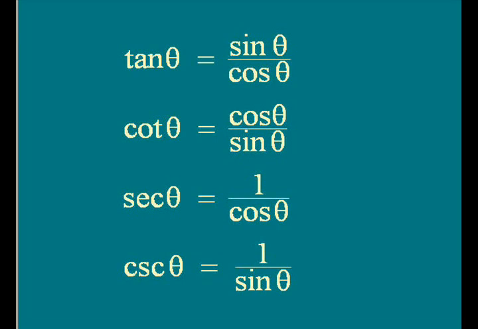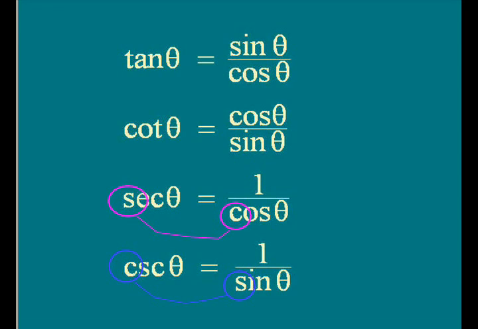Cotangent is cosine over sine. Secant is the reciprocal of cosine. And cosecant is the reciprocal of sine. The last two are harder to remember. To avoid confusion, note that the S's and the C's go together. Look at the picture, the S's and the C's.